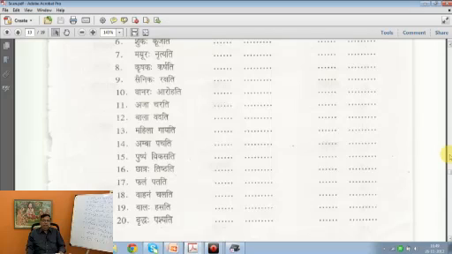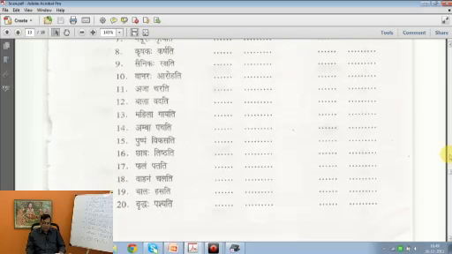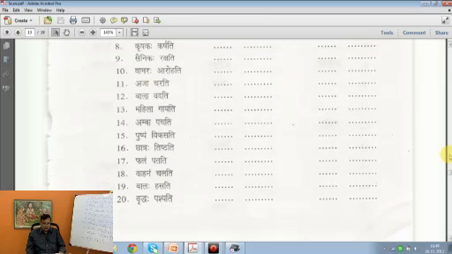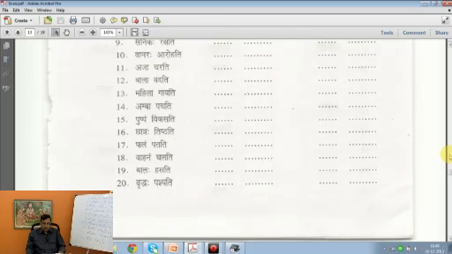Phalam patati. Phale patataha. Phalani patanti. This is also neuter. Be careful with this. Phalam, phale, phalani. Pushpam, pushpe, pushpani. Vahanam is neuter. Vahanam chalati. Vahane chalataha. Vahanani chalanti. A vehicle moves. Two vehicles move.